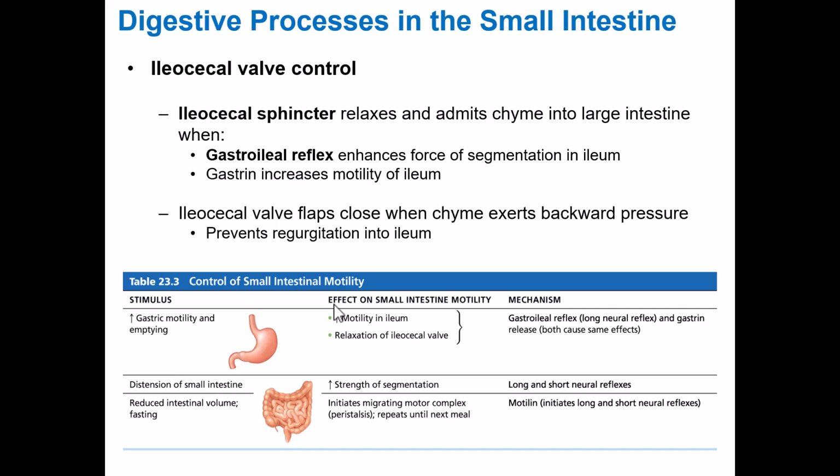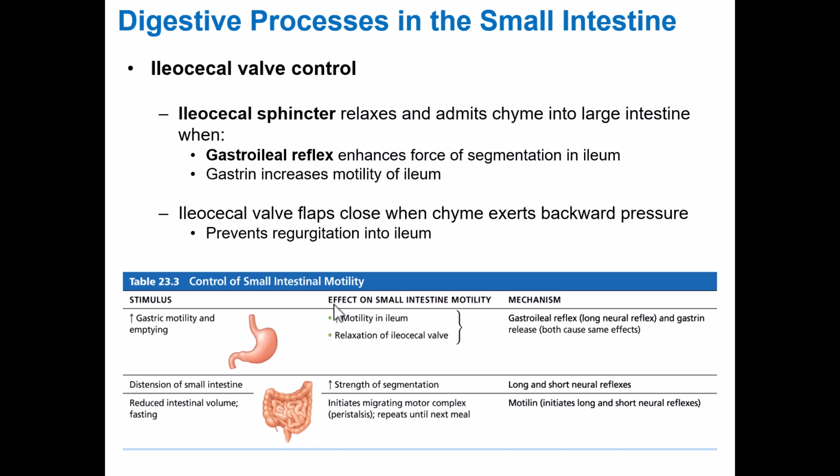So that is how we can control movement of chyme through the GI tract, or the bolus coming from the esophagus: through these sphincters, which are basically like valves.